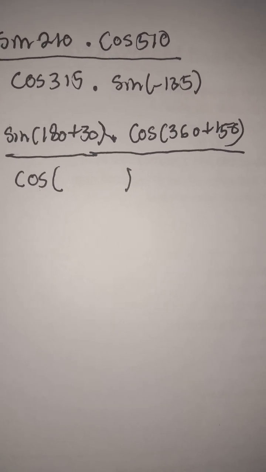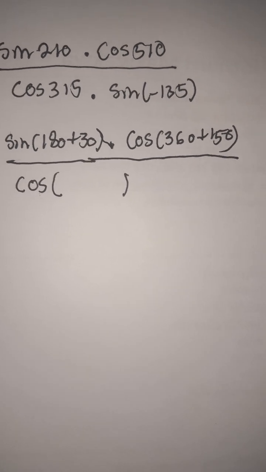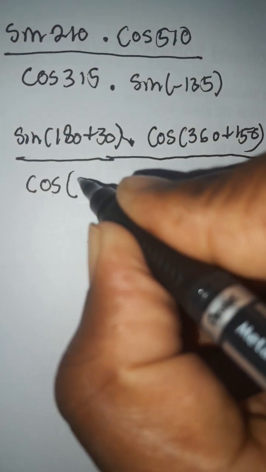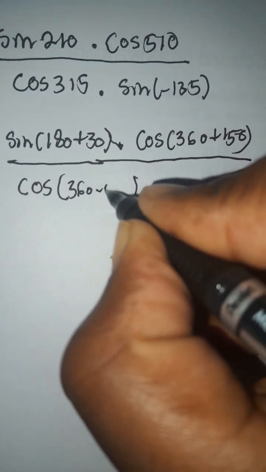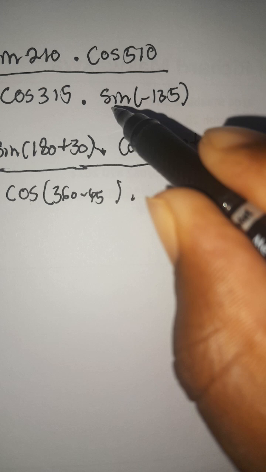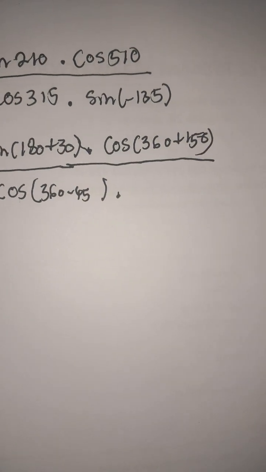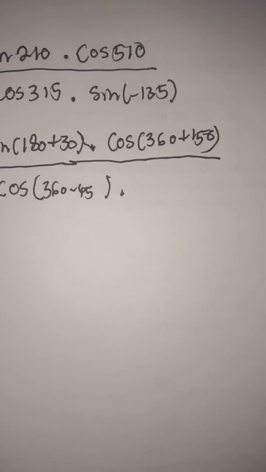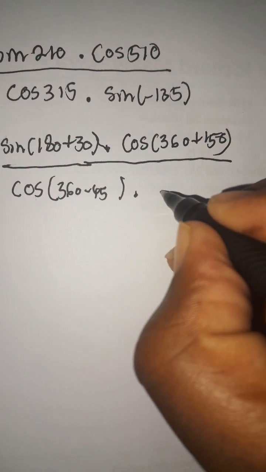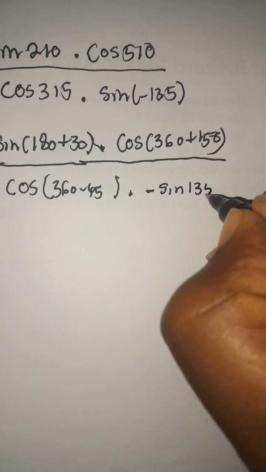We are having 45. And 360 minus 45 gives you 315, guys. So we have 360 minus 45. Remember, whenever you see a negative, this is a negative angle. The negative angle is in the fourth quadrant, where sine is not at home, right? So in other words, we are going to have negative sine 135, right?